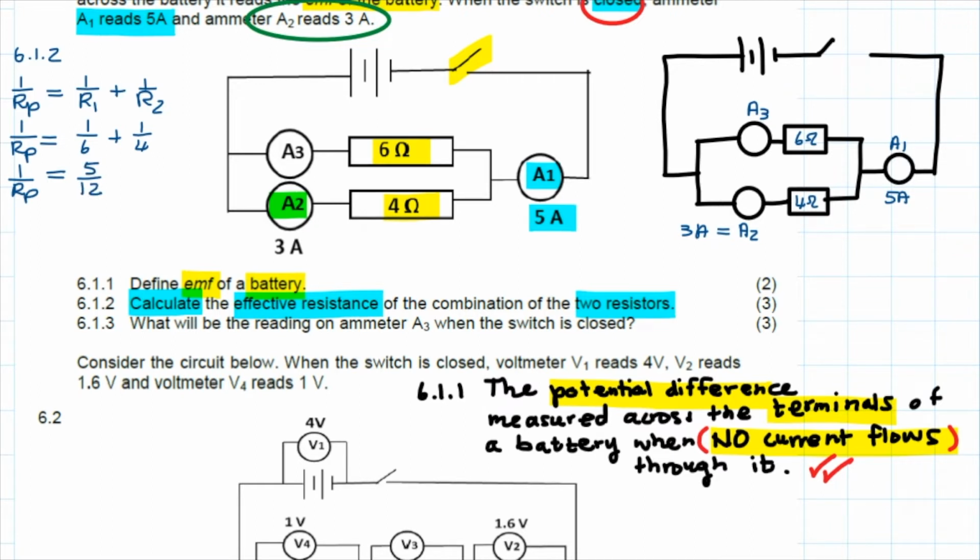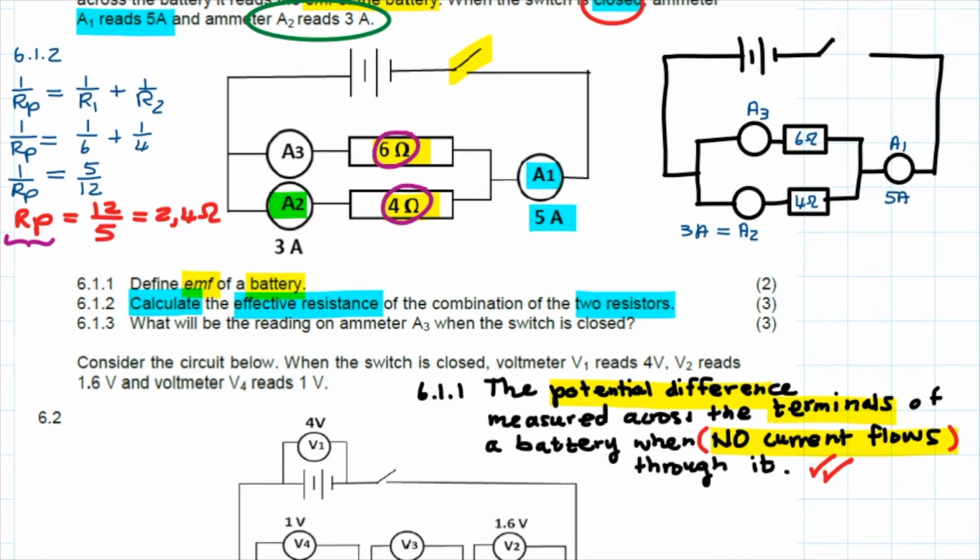Now, to obtain the effective resistance, we find the reciprocal, so that is 12 over 5, and we find that 12 over 5 in decimal form is equal to 2,4 ohms.